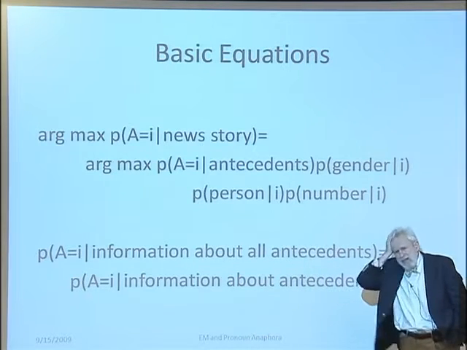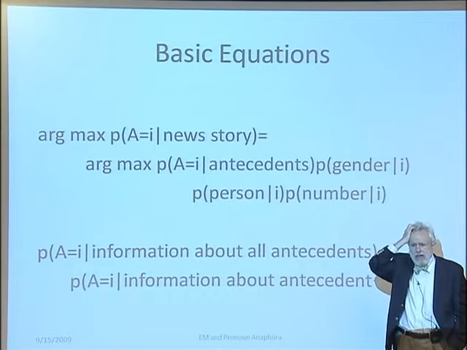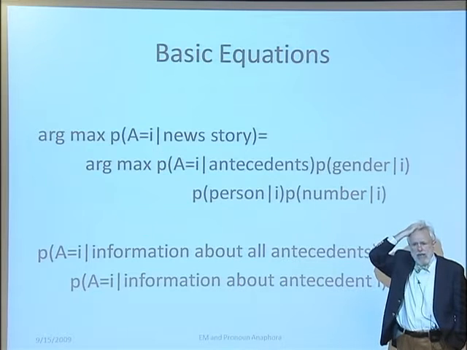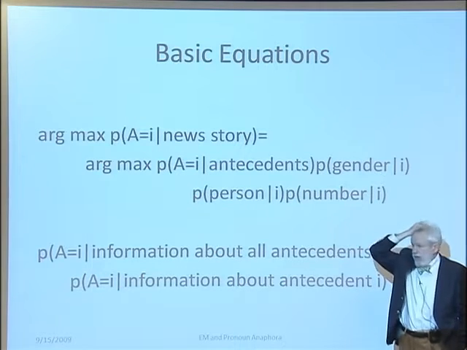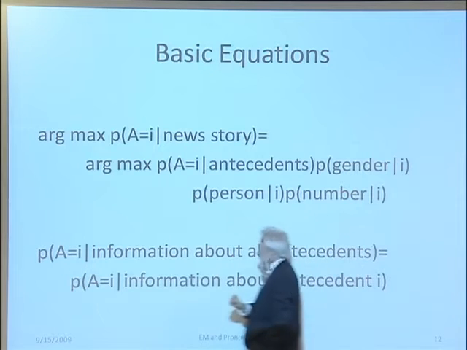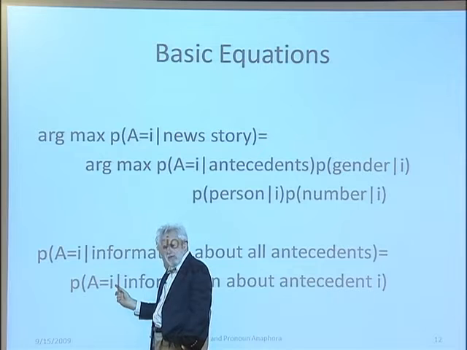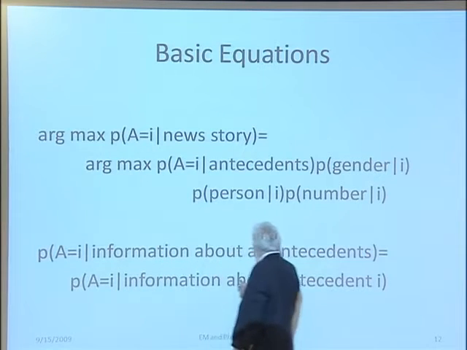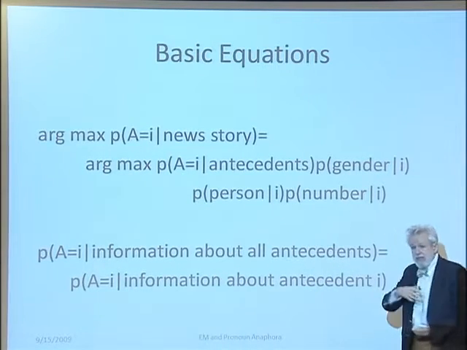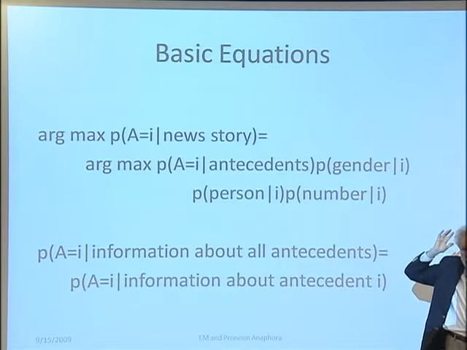Well, there's too many. So we are going to make a drastic assumption, namely that the probability that A is I only depends on the information we know about I and is independent of everybody else.